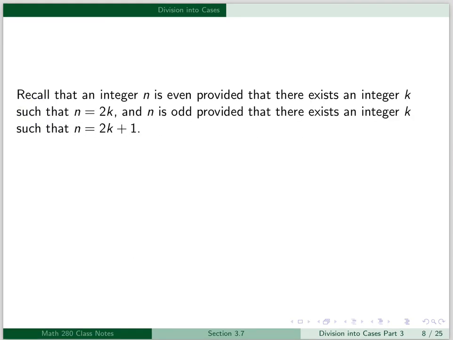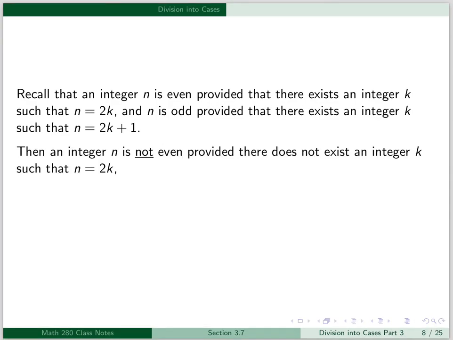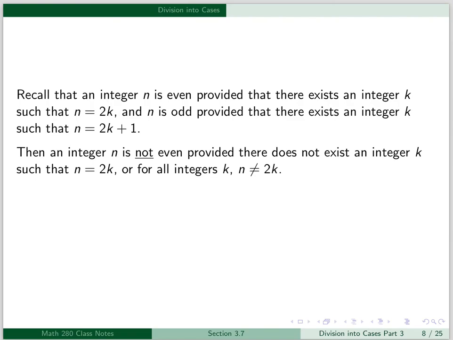Now recall that an integer n is even provided that there exists an integer k such that n is equal to 2k, and n is odd provided that there exists an integer k such that n is equal to 2k plus 1. This means that an integer n is not even provided that there does not exist an integer k such that n is equal to 2k, or for all integers k, n is not equal to 2k.